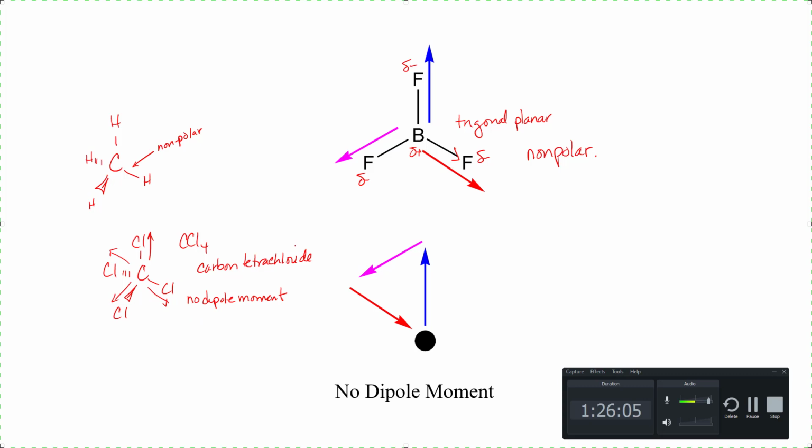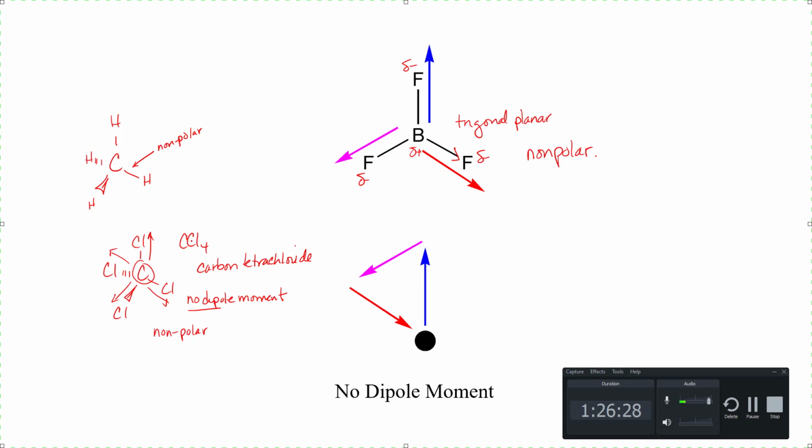So in a symmetrical molecule, when you have the same thing attached in all of the positions, they will cancel each other out. You'll have no dipole moment, and you will have a nonpolar molecule. And indeed, carbon tetrachloride is a nonpolar molecule.